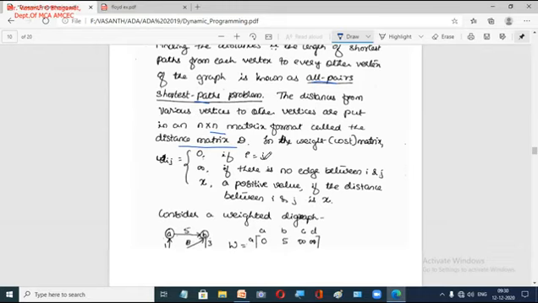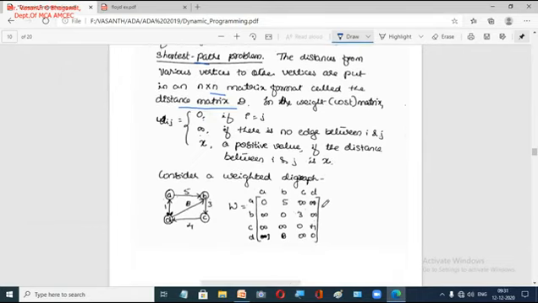That means from a vertex to the same vertex you don't have any distance, so obviously we write 0. Then we have infinity, which means there is no edge between vertex i and j. And x is nothing but the cost given on that particular edge, a positive value if the distance between i and j is given.